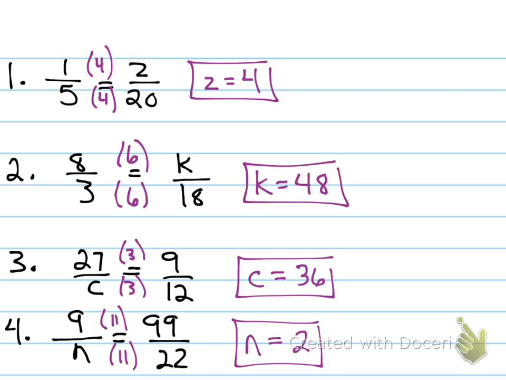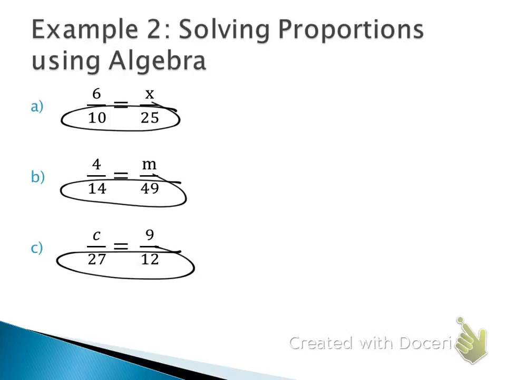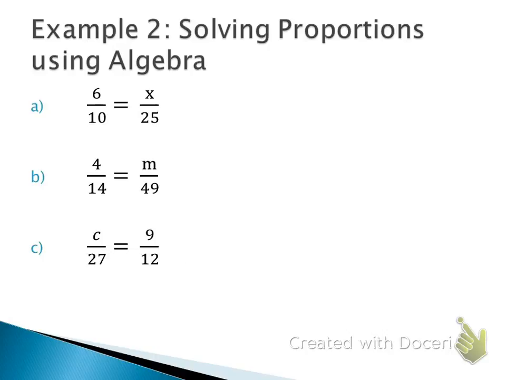Now, you might say this is very easy, but unfortunately, equivalent ratios does not always work, because if you have the sides of your proportion and there's no whole number that can go into both numbers, then you can't use equivalent ratios. So there's another method that we're going to learn.